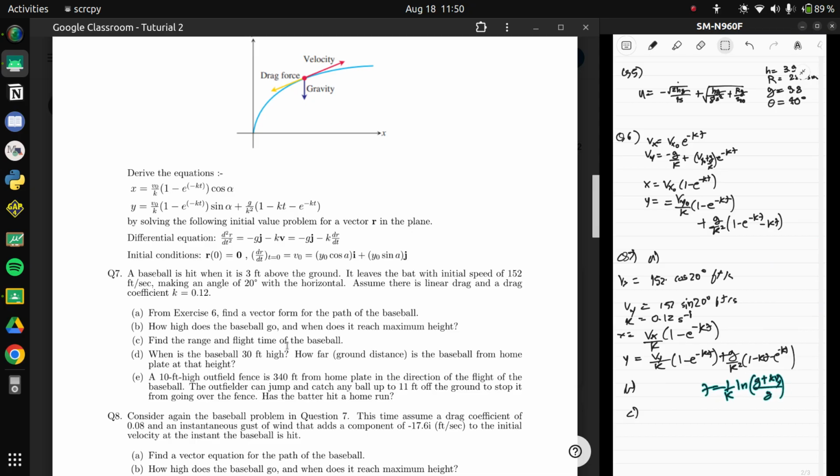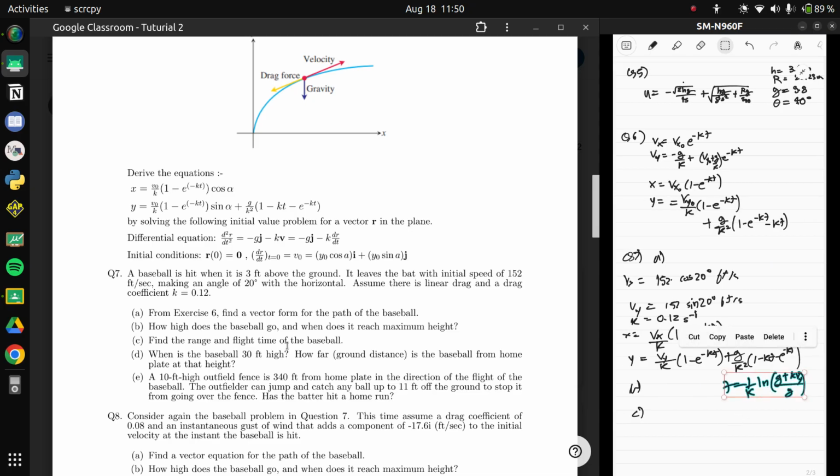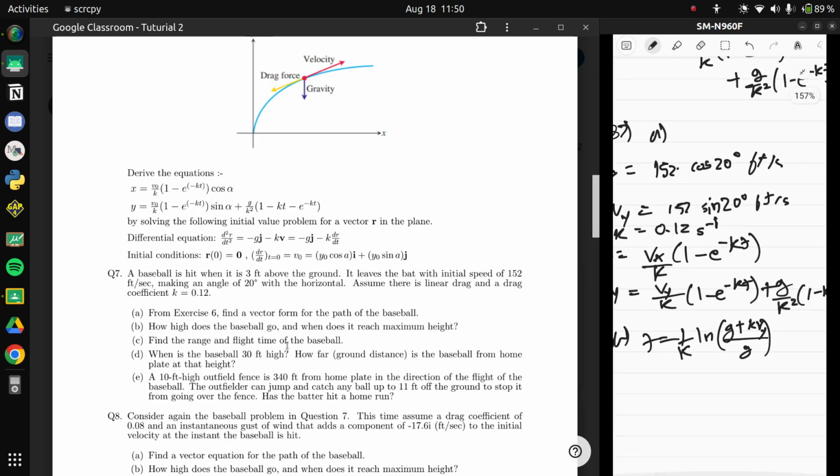This will be my answer. So whatever is the y value at that point. Yeah, I can just plug that in and see what the value is going to be. So plugging that in, what you get is just Vy upon k, and then also it's 1 upon k and all that stuff. So 1 minus e power negative natural log of all of that, right?